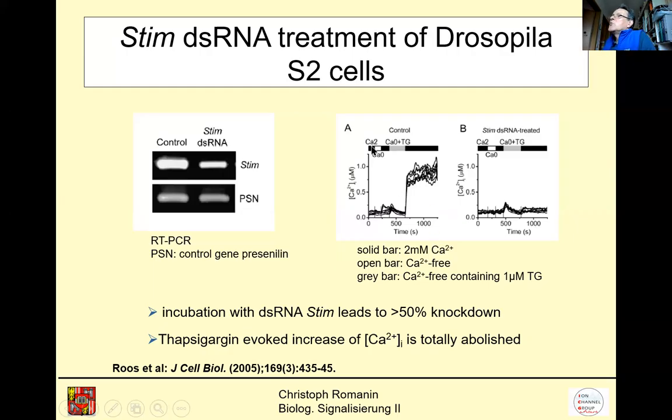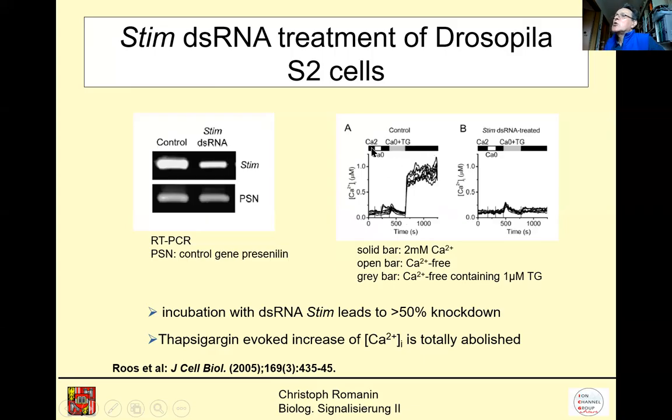Usually what we do at the beginning, these are signals from single-cell analysis, and each of the traces belongs to a single cell where you check the cytoplasmic calcium concentration while making different manipulations on the extracellular side.